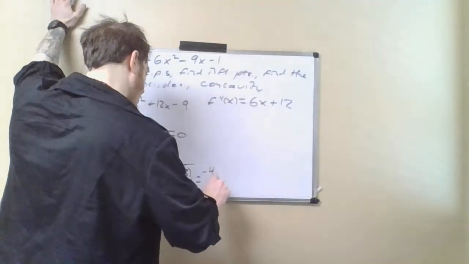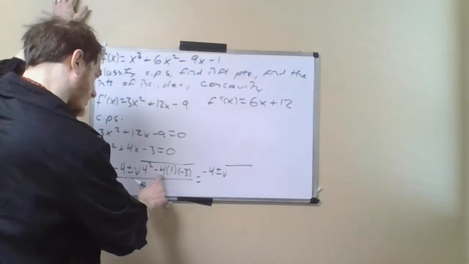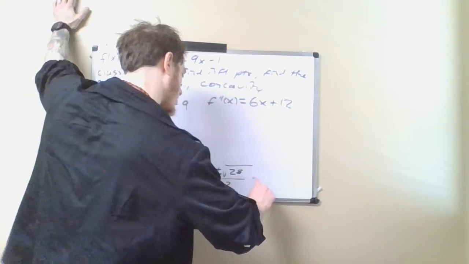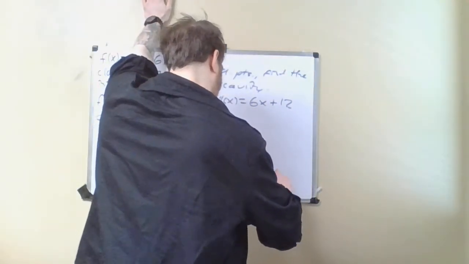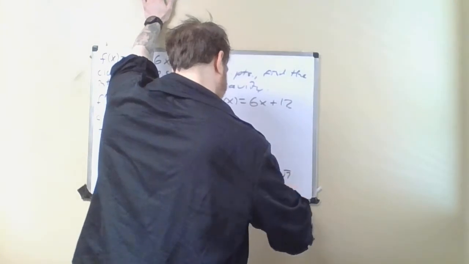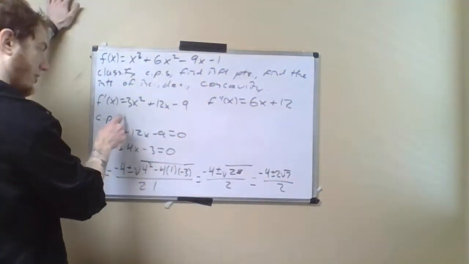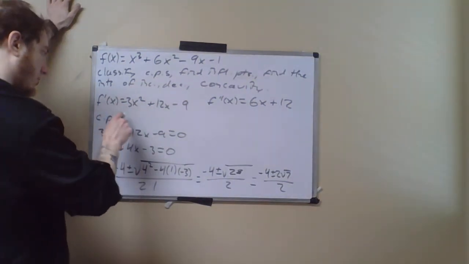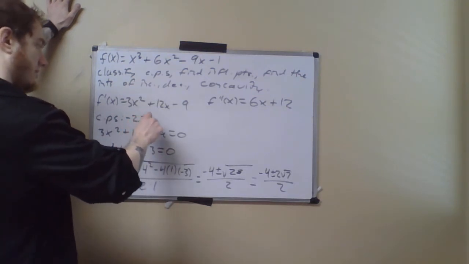This is going to be -4 plus or minus the square root of 16 plus 12, which is 28, divided by 2. This is actually -4 plus or minus 2 radical 7. And so we end up with our critical points, which I will record up here. These are going to be -2 plus or minus radical 7.